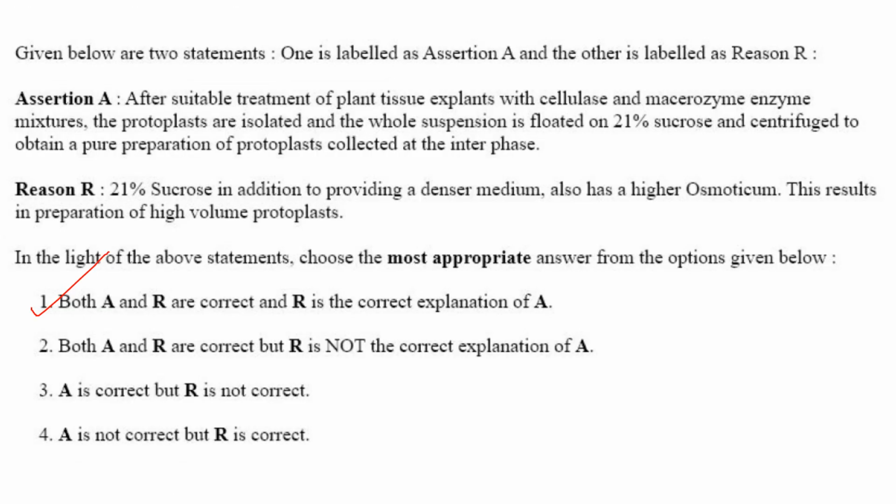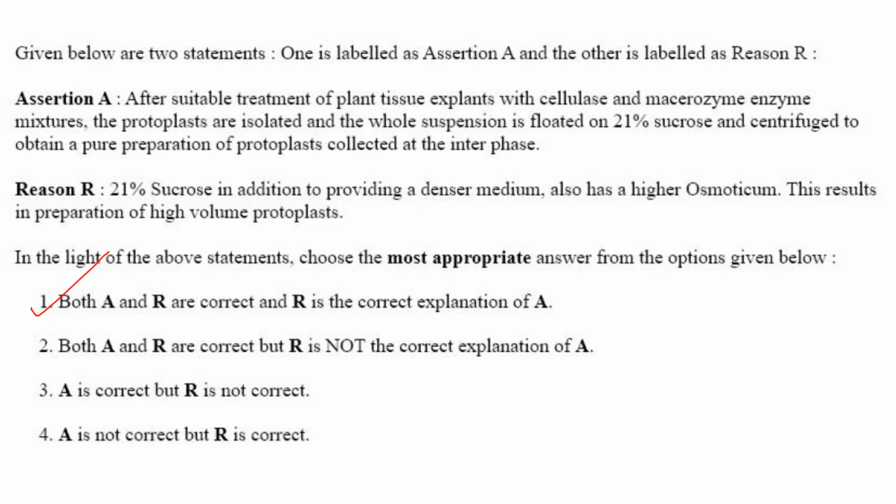Then assertion, reason. After suitable treatment of plant tissue culture explants with cellulase and macerozyme enzyme mixtures, so it is protoplast isolation. In that only you will use cellulase and macerozyme enzymes. The protoplasts are isolated and the whole suspension is floated onto 21% sucrose and centrifuged to obtain a pure preparation of protoplasts collected at the interface.